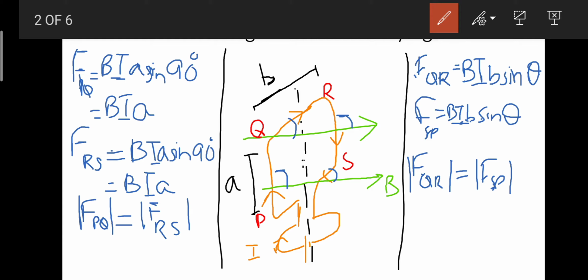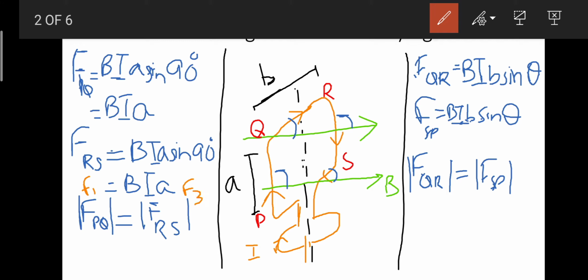So here we notice that the magnitudes of FQR and FSP are the same. If I give names to these forces, suppose this is the force that I'm going to take as F1, and this is the force that I'm going to take as F3.